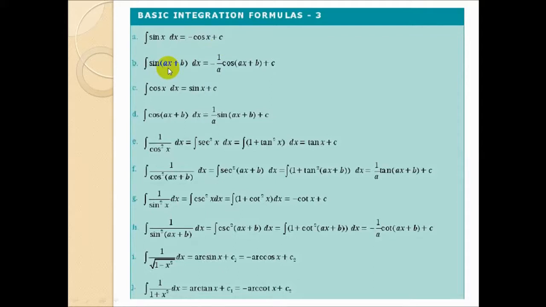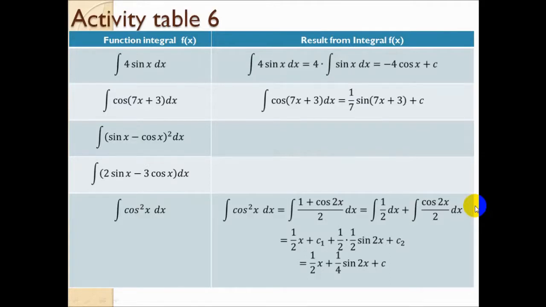And if we have sine with ax plus b inside, the integral is minus 1 over a cos of ax plus b plus c, and so on. You can see the formula on page 11 in the book. Please open it. And then let's see the example.